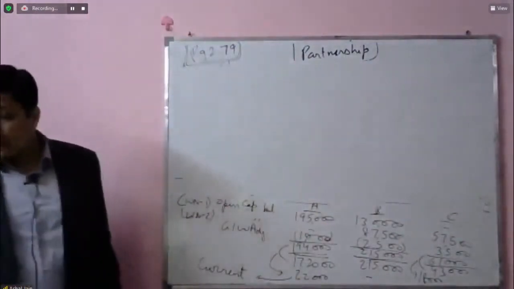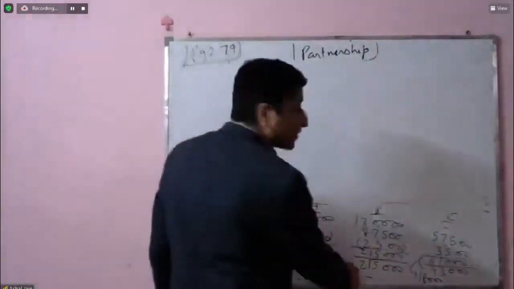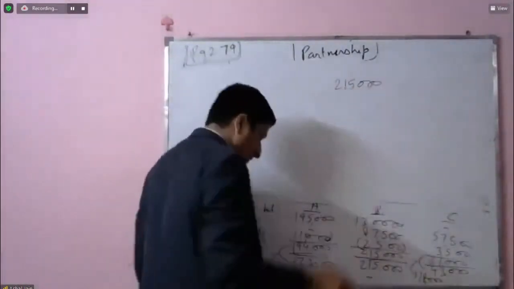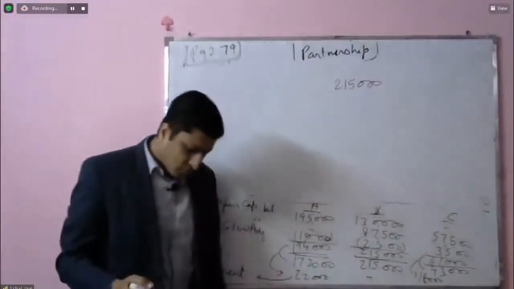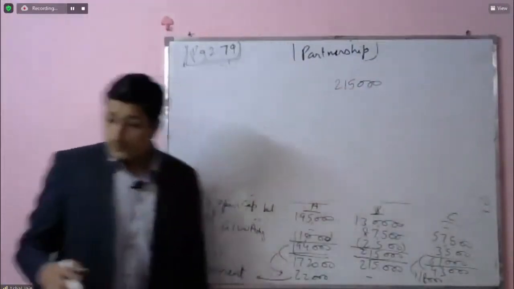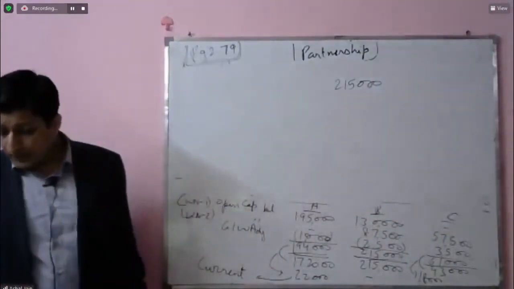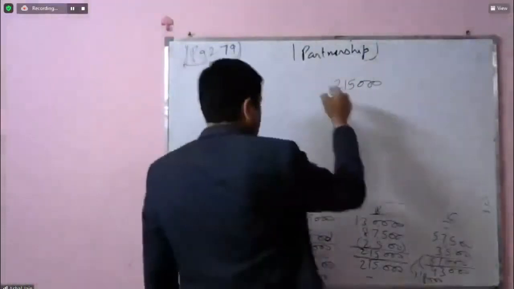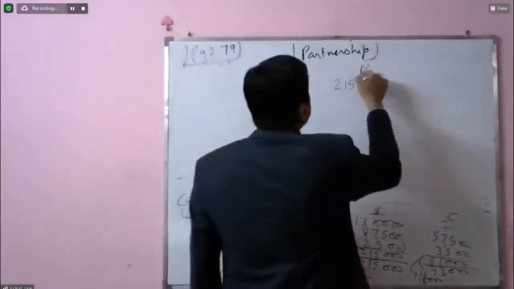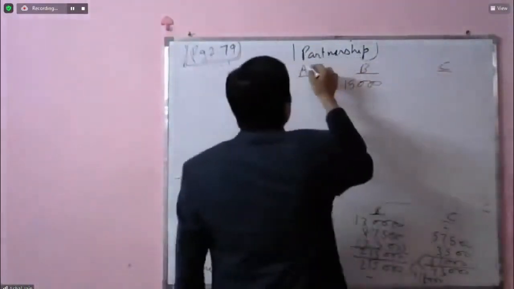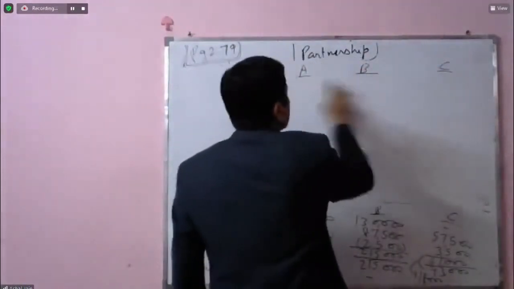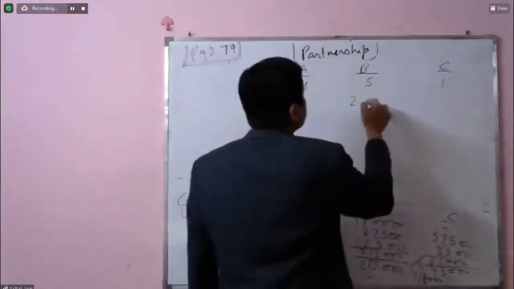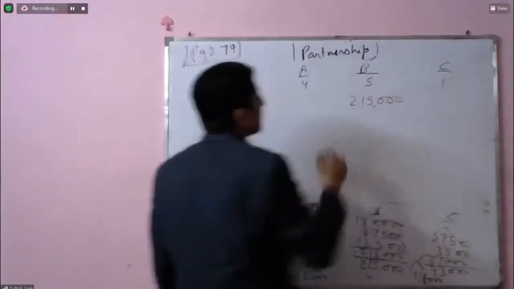Now in this case, what do we understand? 2,15,000 is the base. So what can you do? 2,15,000 into... What's their new profit sharing ratio? 4:5:1 for A, B, C. For B, it is 2,15,000.